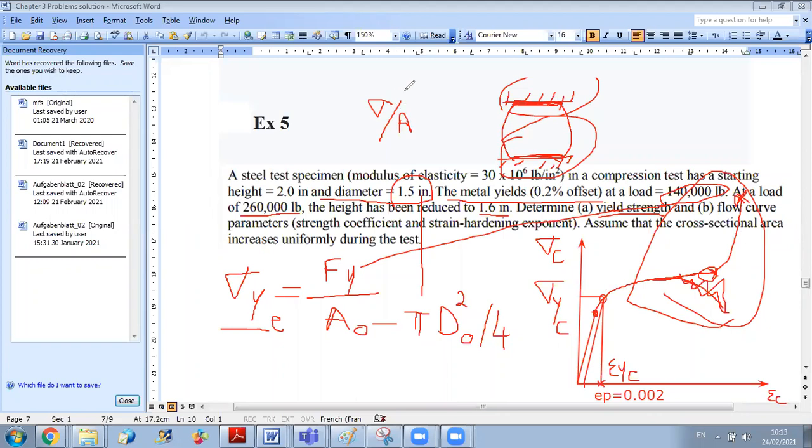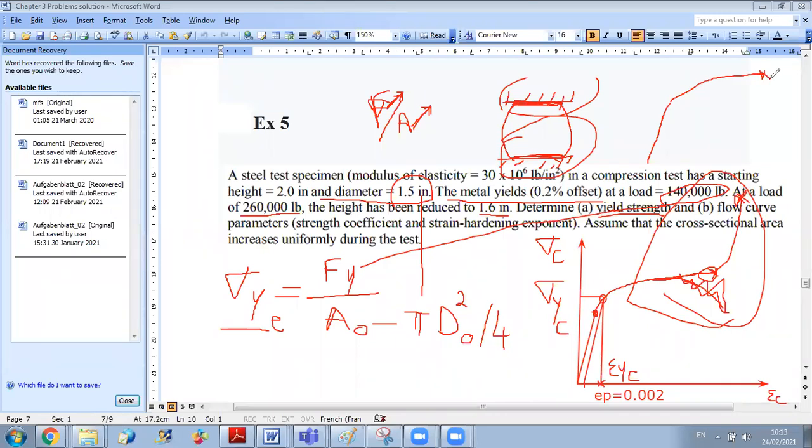Both are increasing, but the rate of increase of the area is overcoming the rate of increase of F. So it's F over the actual area. F is increasing a lot, but A is also increasing, and the slope of increase of A will be dominant. This is why in the true curve, you will go back to the profile you are familiar with in the tensile test, and you have the strain hardening zone. But instead of having necking, the strain hardening behavior will continue until rupture.